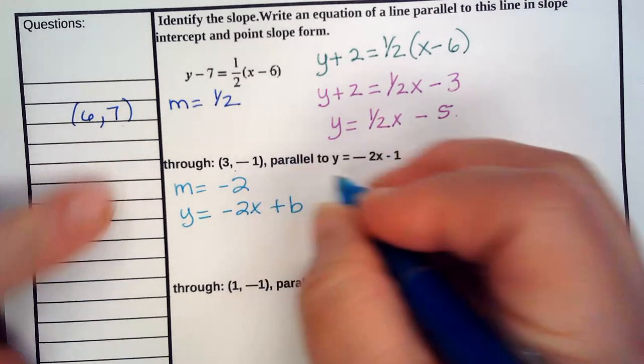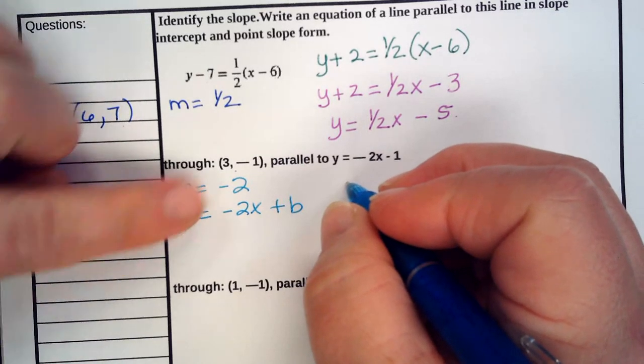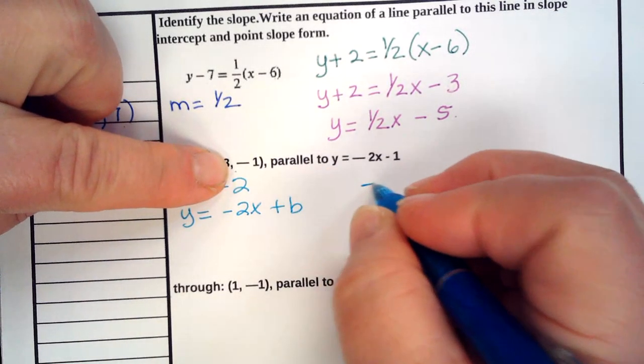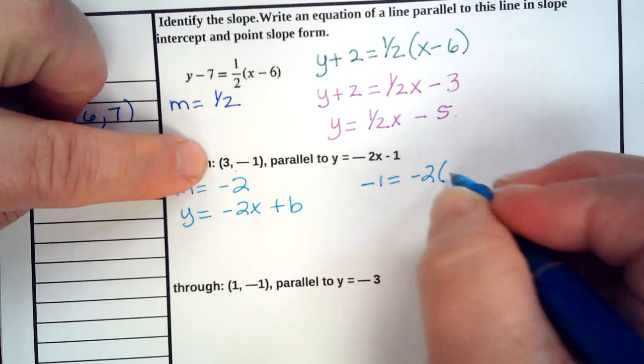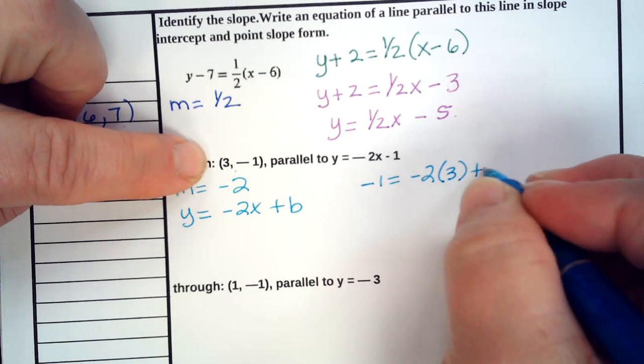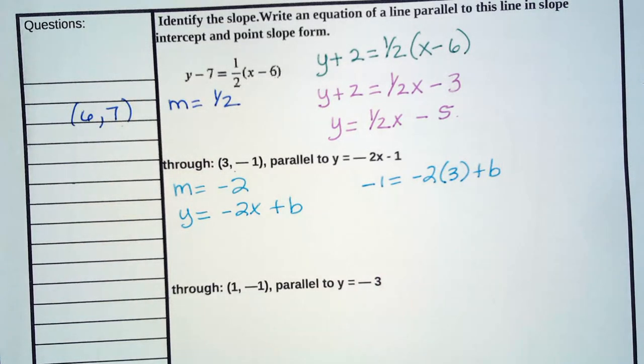So I'm going to substitute in y is -1 is equal to -2 times 3 plus b. I substitute that point in for x and y.